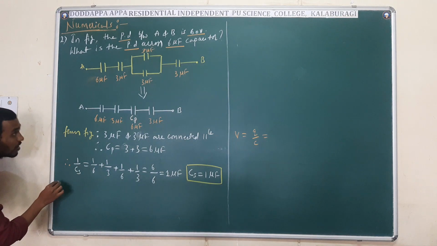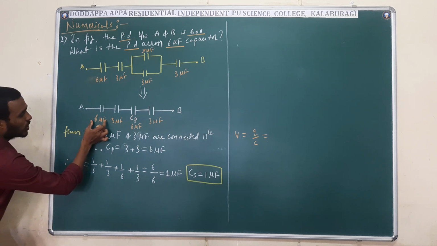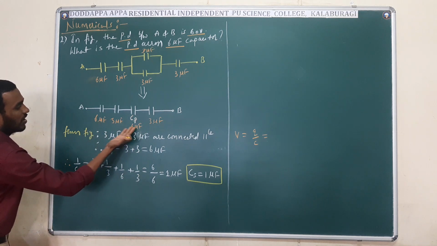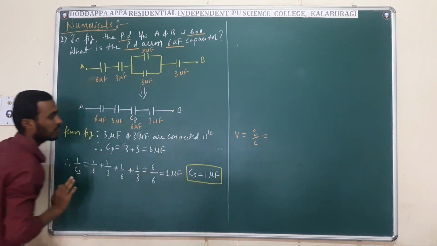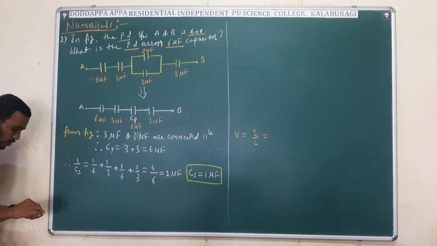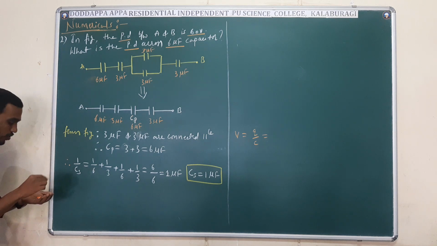From the figure we have two capacitors. You may assume any one; we want the 6 microfarad one here. Totally it is 6 microfarad quantity I am going to consider.